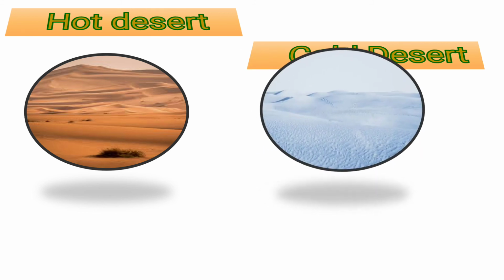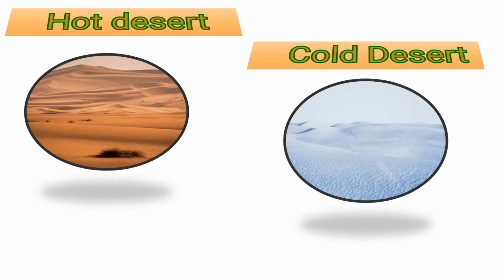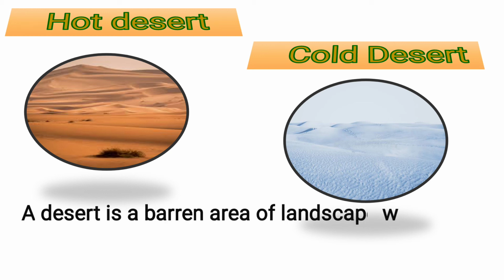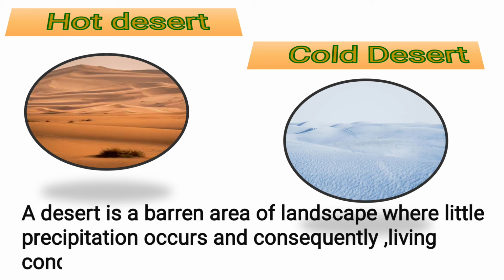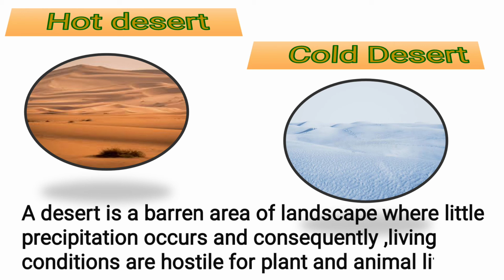We will also see what are cold deserts. Amazing, isn't it? Hot desert and cold desert, they both look alike. You can see here, both are similar, but we will also see the difference between these two deserts. So what is a desert?